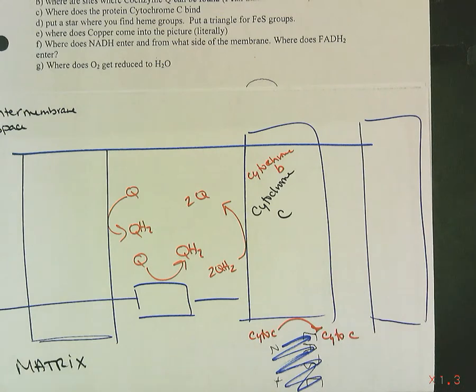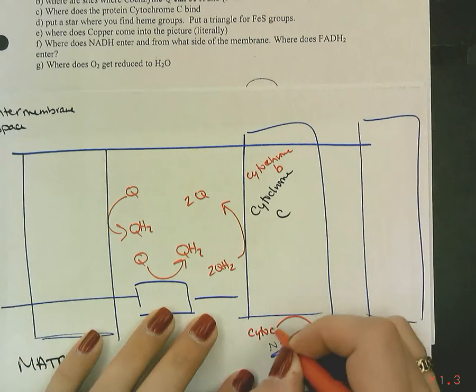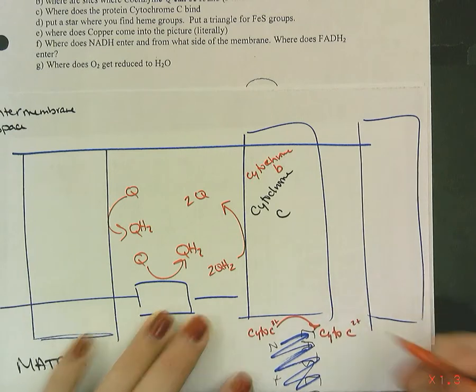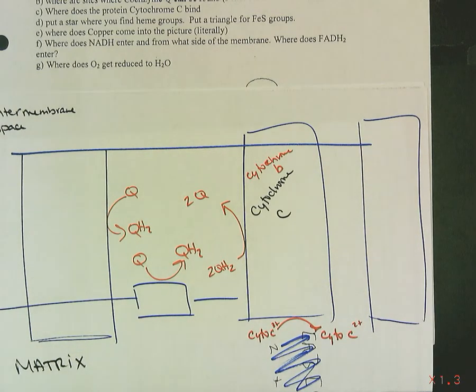C to C. It should be C to C, so it's 3 plus to 2 plus. It's just being oxidized. It is, right, so if you go back and look at the Q cycle, it's the one that's sending electrons back into the membrane.